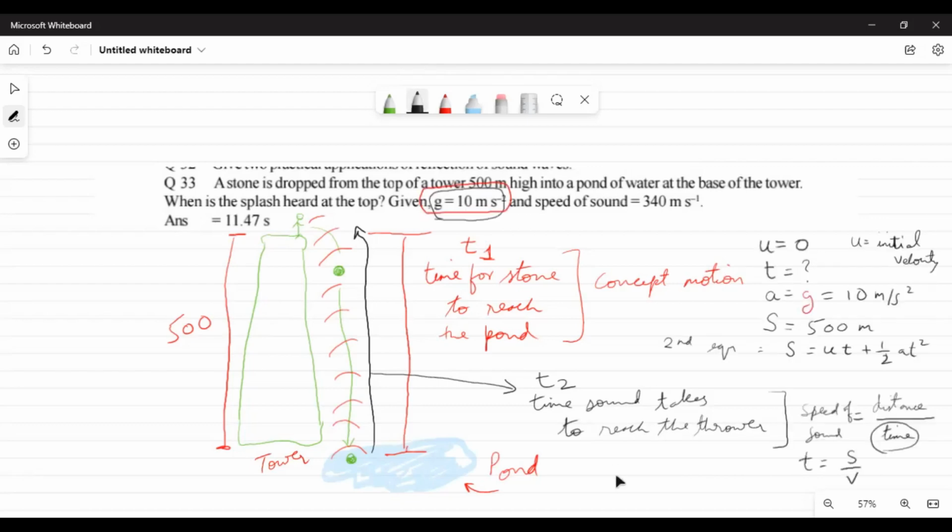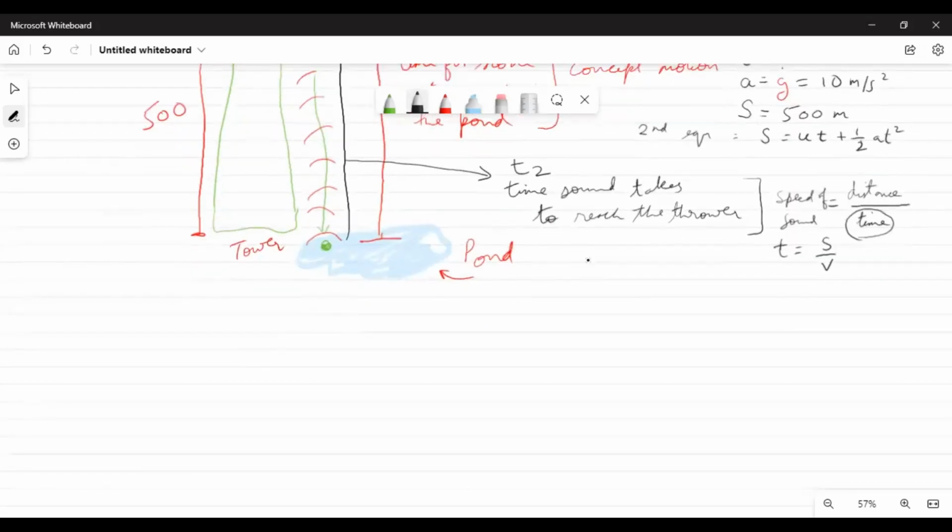So this question is being done in two parts. Part 1: stone from the top of the tower to the pond. We have to find the time for this.